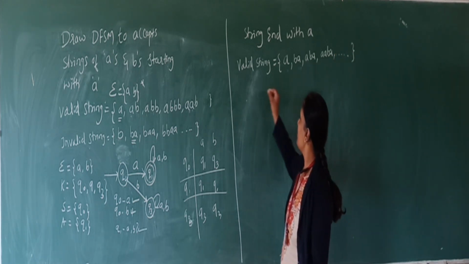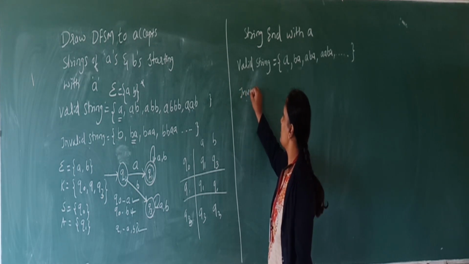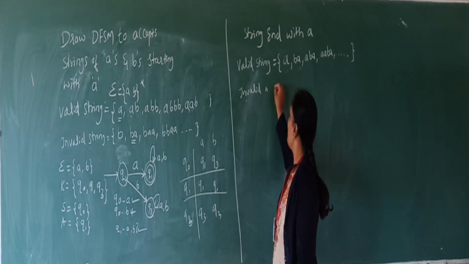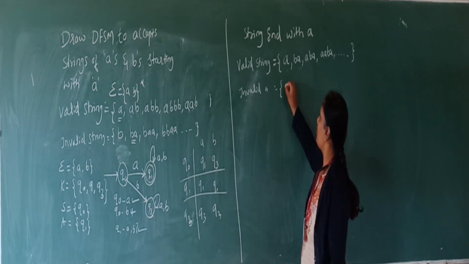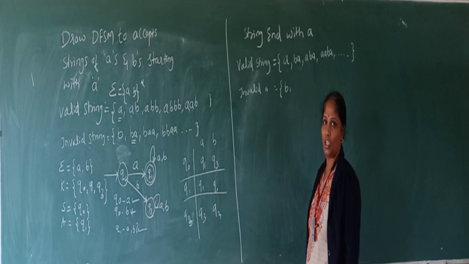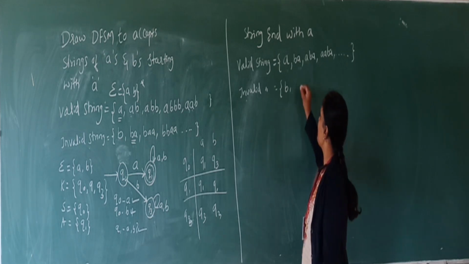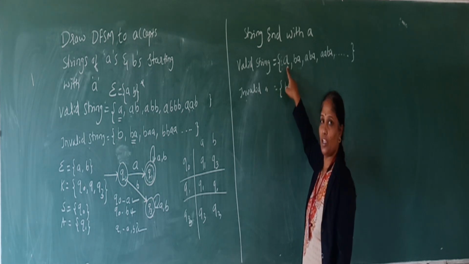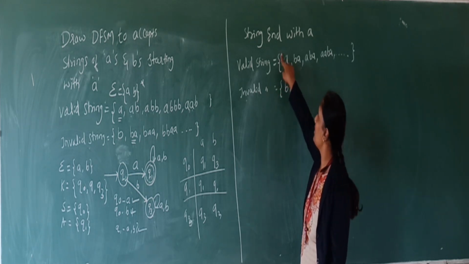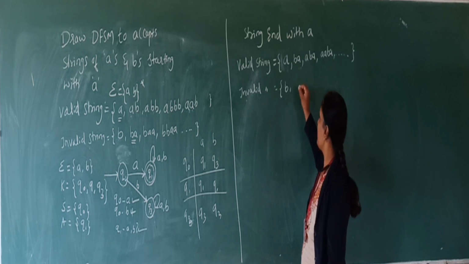Next, you should write the invalid strings also. The invalid list contains the strings that end with a B. Every string is followed by an epsilon, so it is ending with A in the valid case.